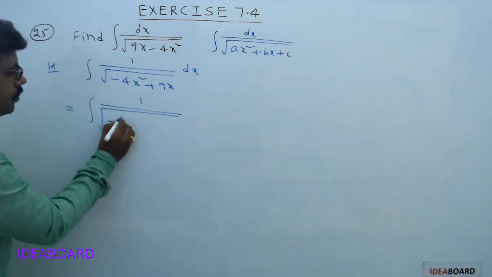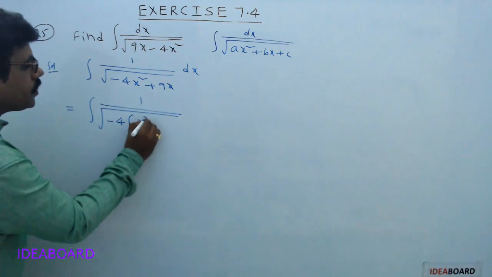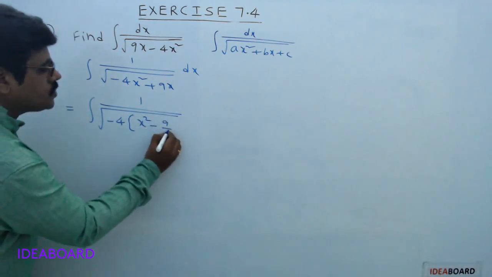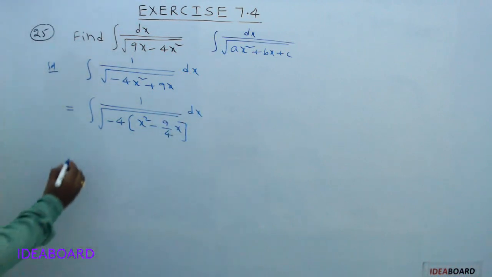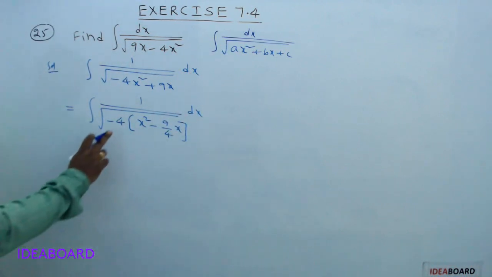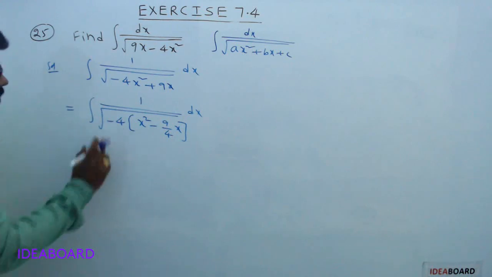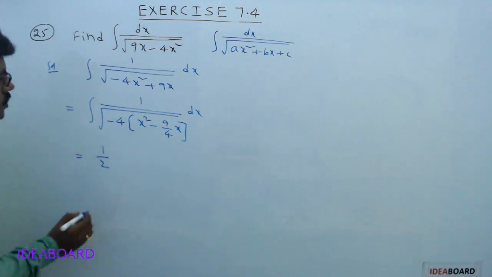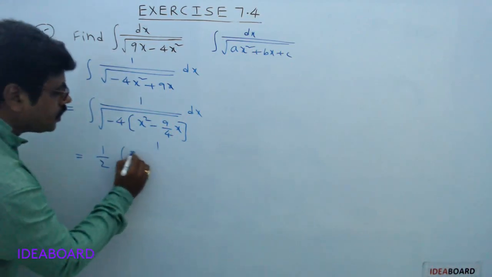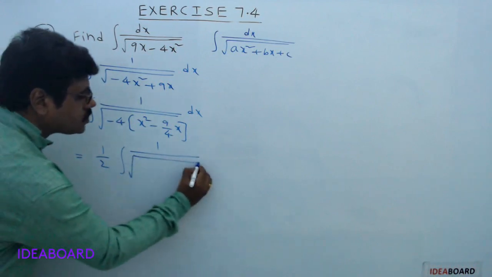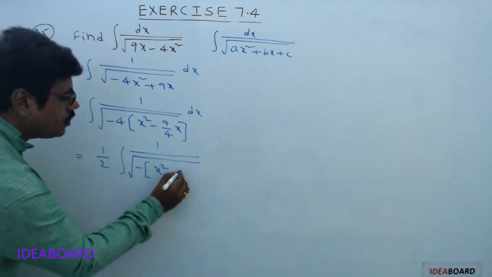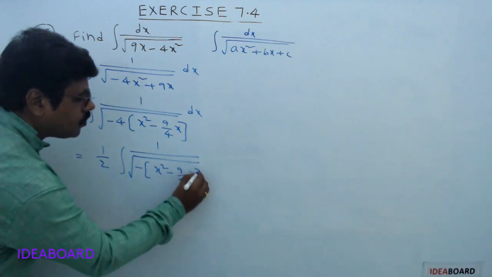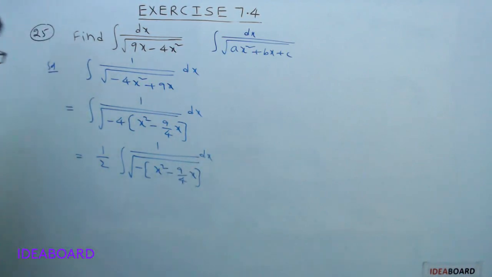Square root of minus 4 into x square minus 9 by 4 x dx. Now this is equal to, here root 4 is nothing but 2, so it can be taken as 1 by 2 into integral 1 divided by square root of minus x square minus 9 by 4 x dx.